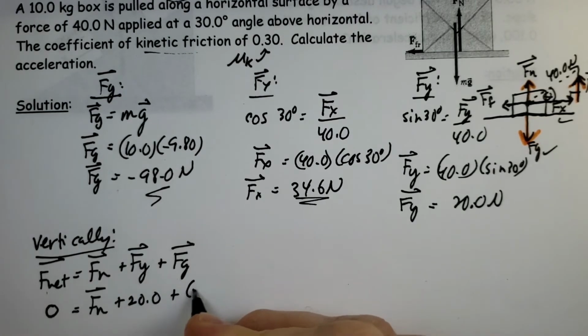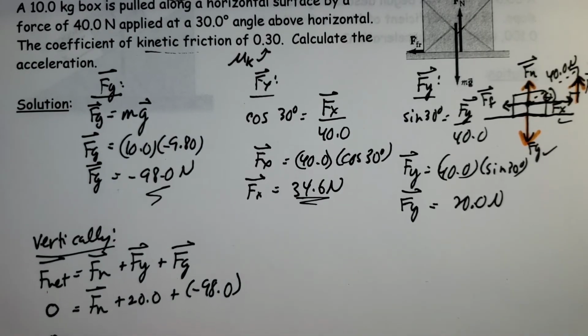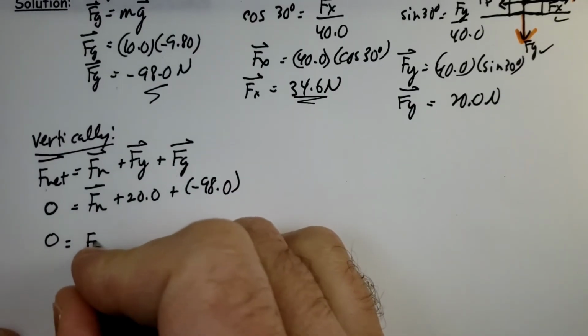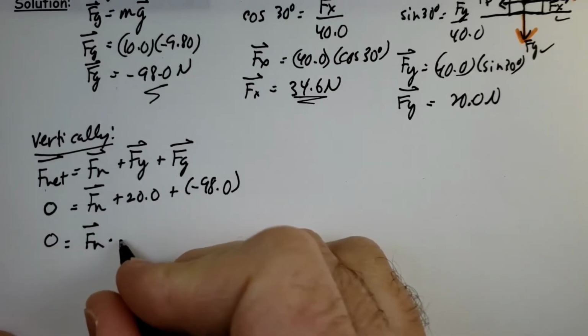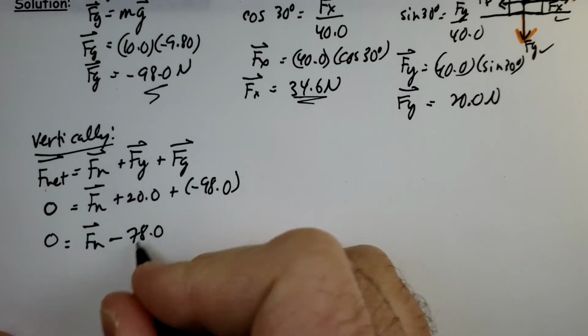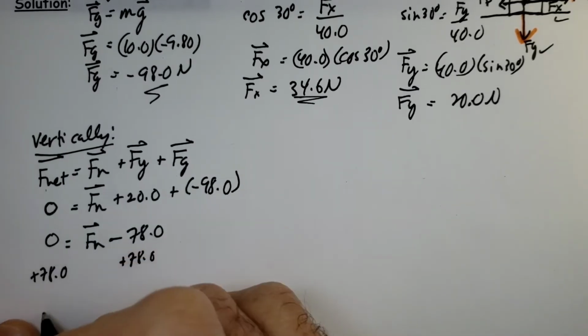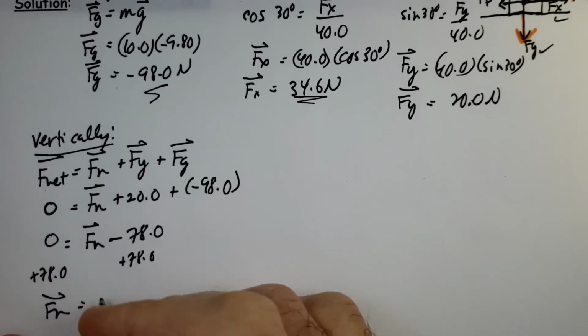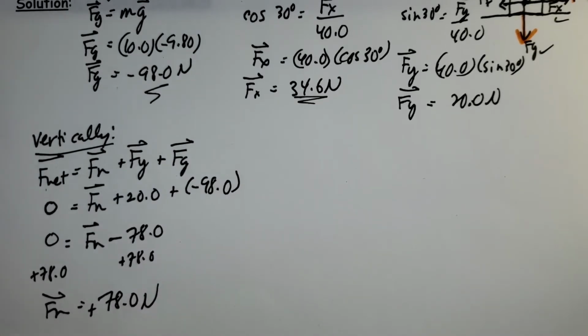Fg is negative 98. So Fn and 20 minus 98 is negative 78. Add that to each side, and of course Fn works out to be 78 newtons. I can put a positive there. It's upwards.